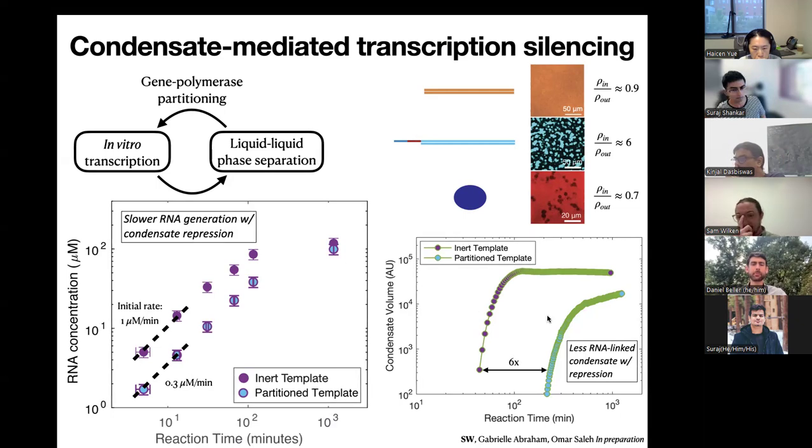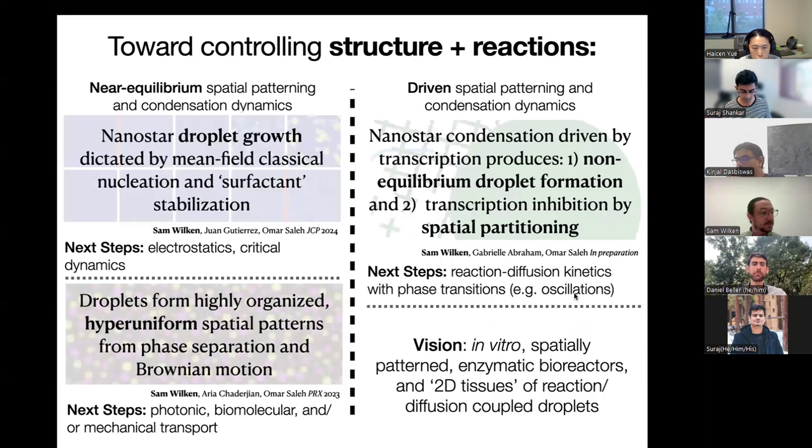So if you have template going into droplets, you see very strong and qualitatively different dynamics of the condensation process. And so that's where I want to stop for now. I just want to summarize by saying we're really thinking about these kinds of enzymatically driven phase separation processes as a way to control structure and reactions.